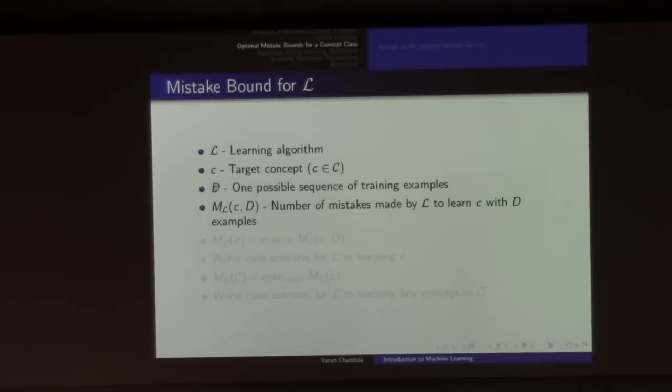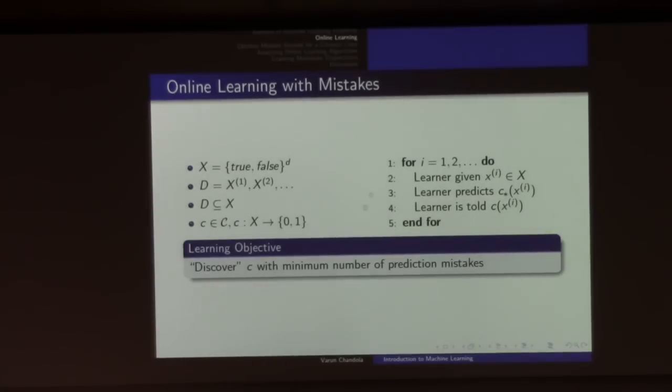And let's say in one setting you get one sequence of training examples that is denoted by D, okay? So you can measure the number of mistakes that you make to learn c with D examples. So if I go back to the online learning setting, if you remember, what we do here is that we have training data that is coming one by one, right?